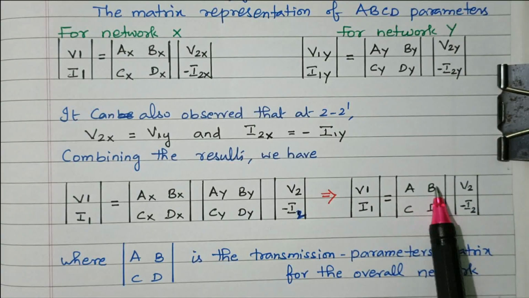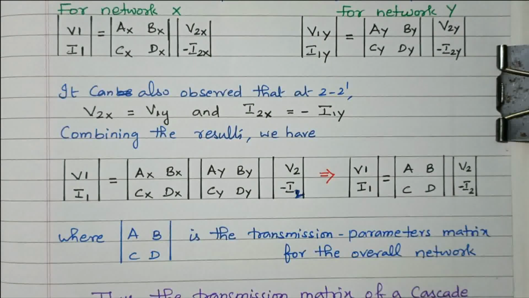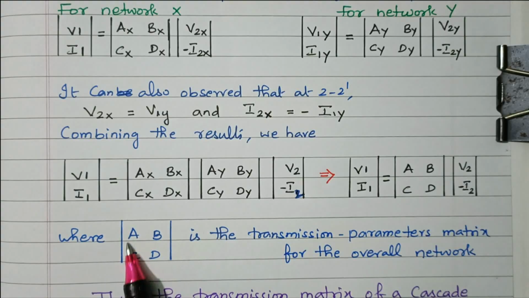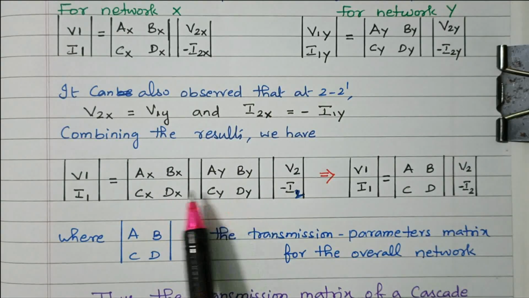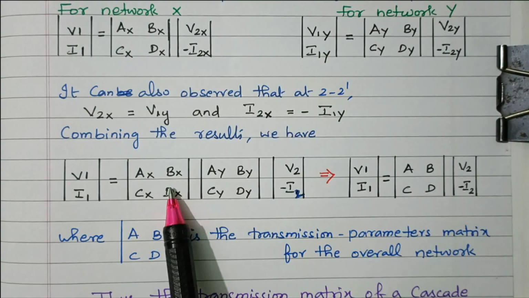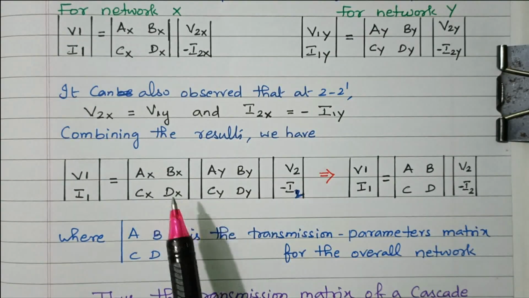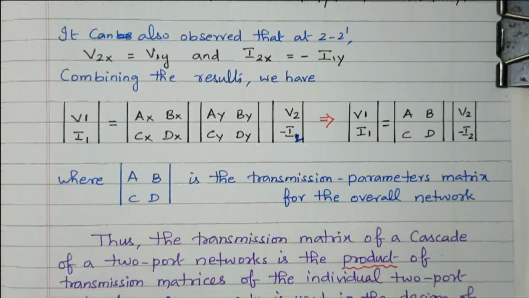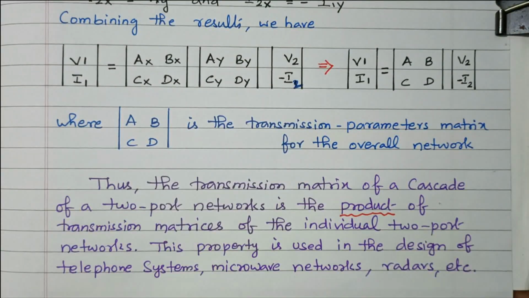So generally we can write ABCD. What is this ABCD? It is the transmission parameter matrix for the overall network. So for the overall network, the ABCD parameter is this. What is this? This is nothing but the product of these two matrices. So what is the conclusion we got from this? The resultant overall network ABCD parameter is nothing but the product of network X ABCD parameters and network Y ABCD parameters.